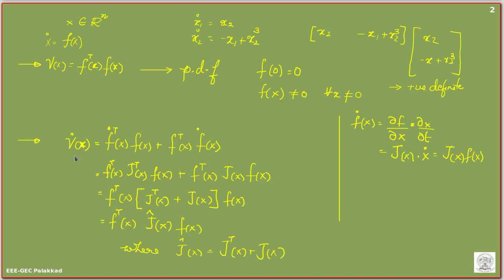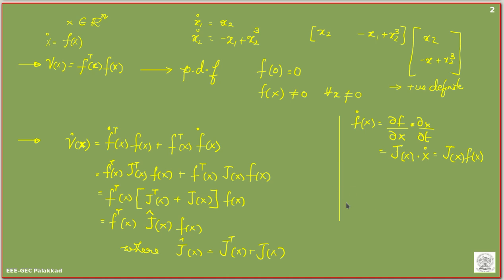And if v dot of x is a negative semi-definite function, the system is just stable. Therefore, what should be the condition on j hat of x? If j hat of x is a negative definite function, then the above system is asymptotically stable. So that is about Krasovskii's theorem.